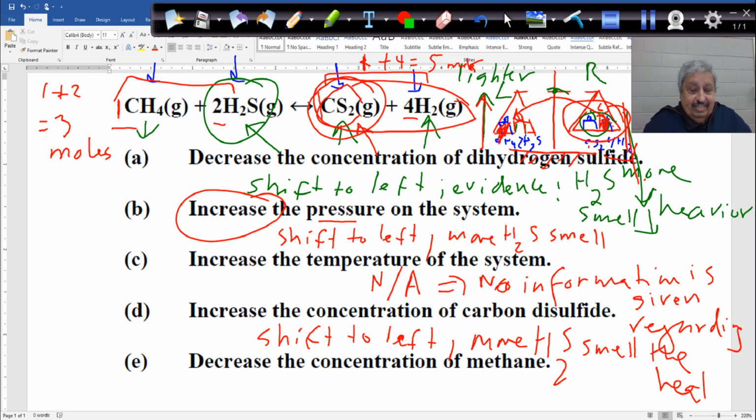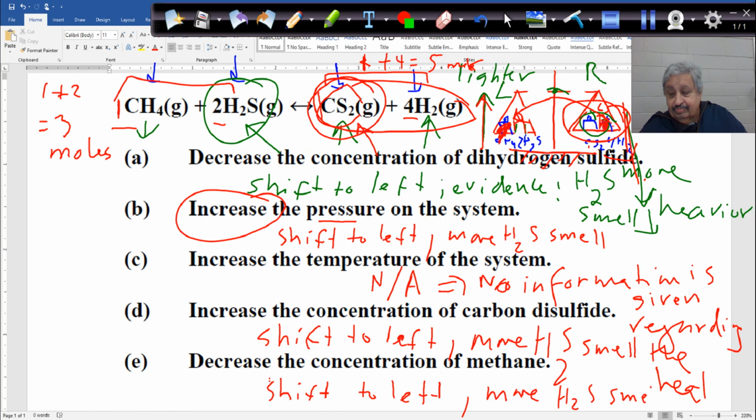If I decrease, removing methane out, this arm will be lighter or heavier? Lighter, correct? So the shift will be which way? This one will be heavier, this one will be losing some. Shift will be to the left. And more H2S smell.